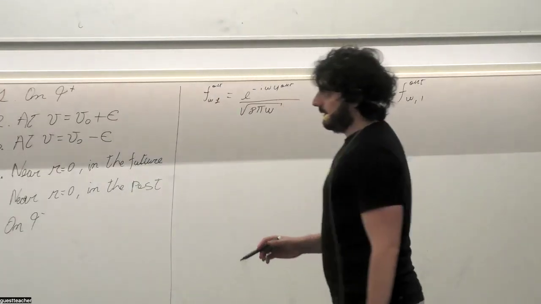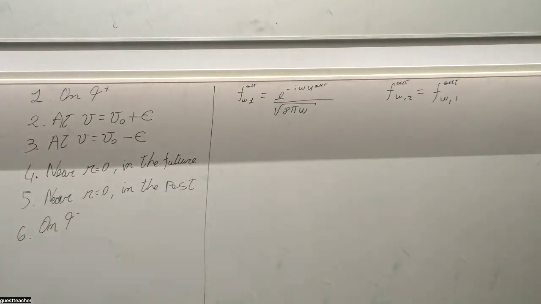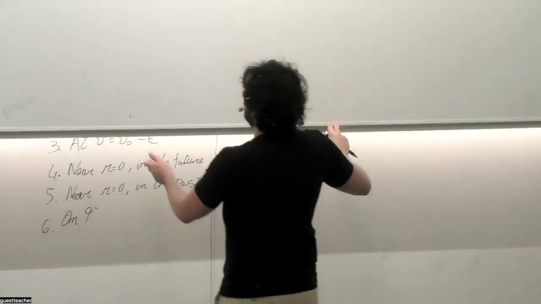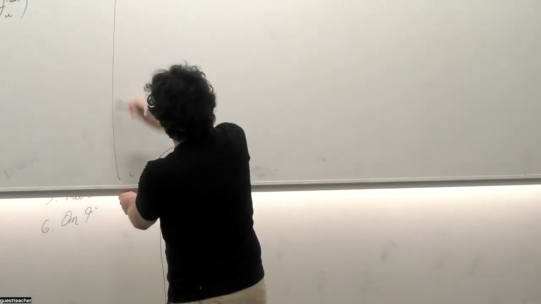Okay, so now we need from 2 to 3, just in the future of the shell, just in the past of the shell. Let's do it here. Let me also show the diagram.